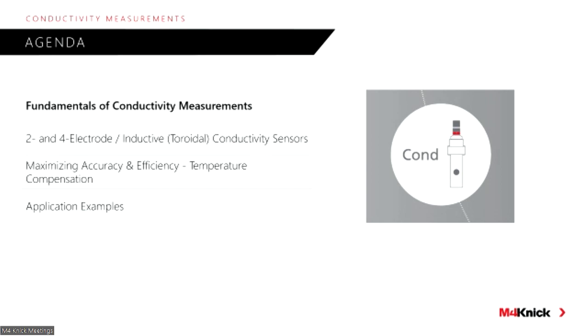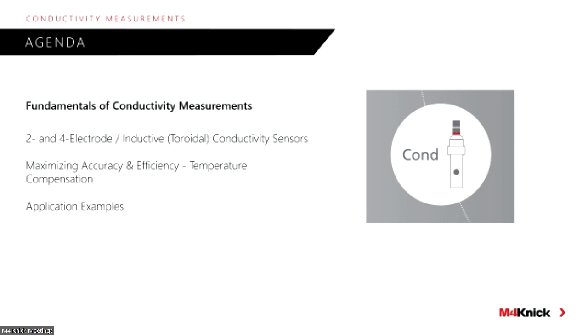And those three types are 2-electrode sensors, 4-electrode sensors, and then what's referred to as inductive or often referred to as toroidal conductivity sensors. So we'll take a little bit of time and cover the fundamentals of those different technologies. And within that, we'll sprinkle in some real-life applications across multiple different industries that apply specifically to those type of technology and those type of electrodes.